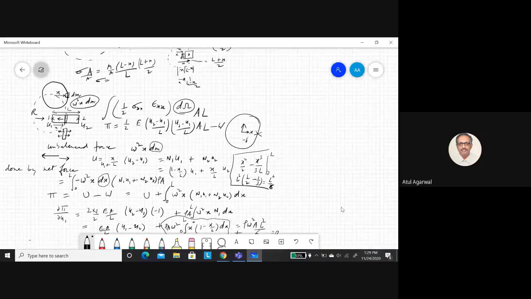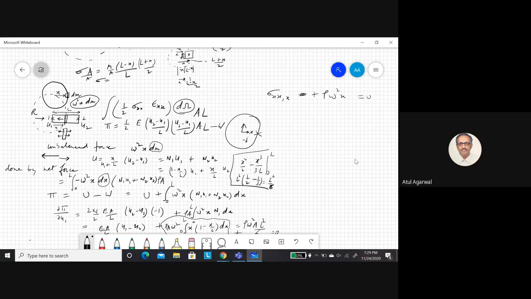Look, the way the equation has got a body force, it is showing body force as, actually, what is happening is sigma xx comma x plus rho omega square x is equal to 0.